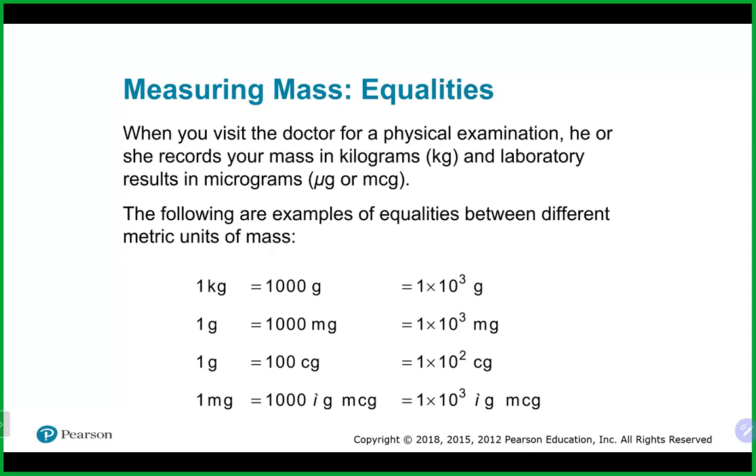Mass equalities, I would definitely say these two will pop up a lot. 1 kilogram is equal to 1,000 grams, and 1 gram is equal to 1,000 milligrams. Again, these are equalities.